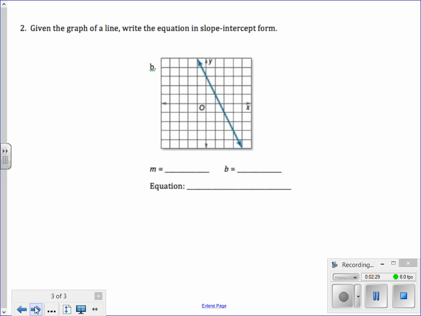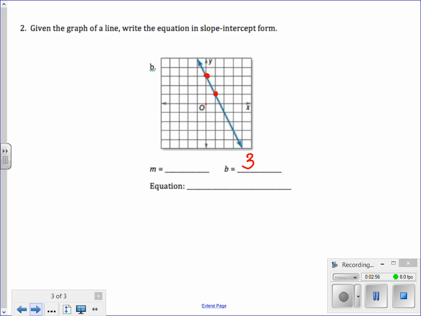All right, final question. There is a typo, but it's 2b, the very bottom 2. We're going to write the equation of the line given the graph this time. So I need to first find the y-intercept. Where am I starting? And it looks like I'm starting, this is the origin, up at 3. Now, in order to find the slope, I have to pick a second point that looks nice on my graph. So it looks like that might be a nice point there.